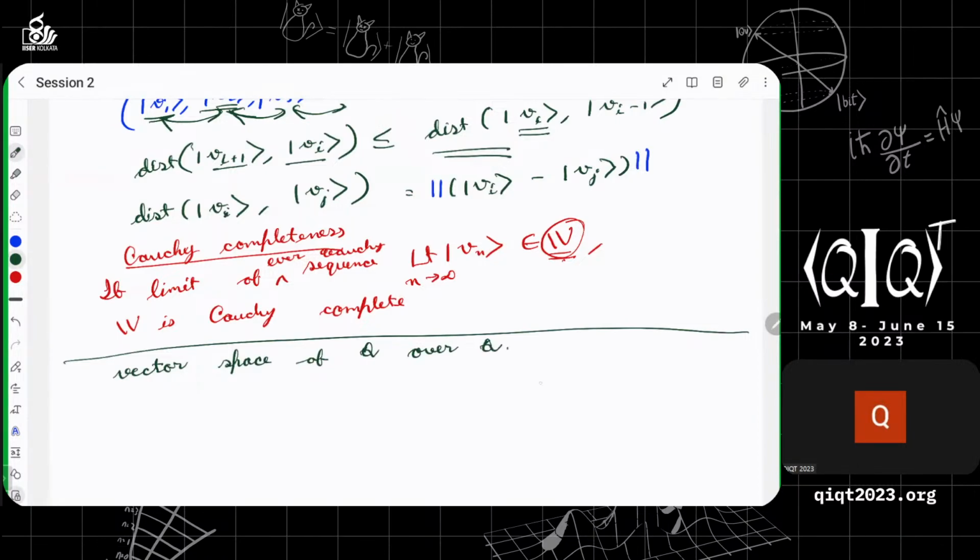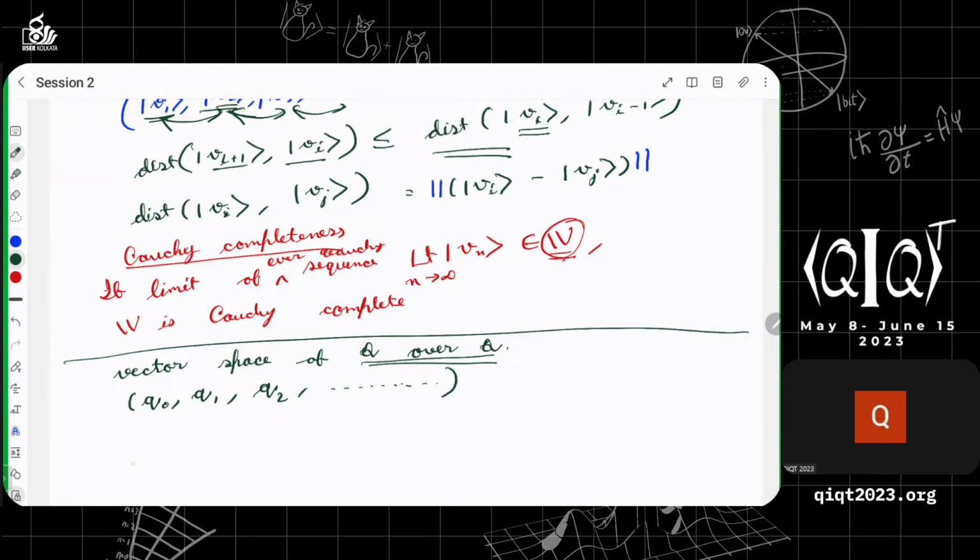We had discussed before that this is indeed a vector space. And let's take a sequence Q0, Q1, Q2, like that, and so on up to potentially infinity.